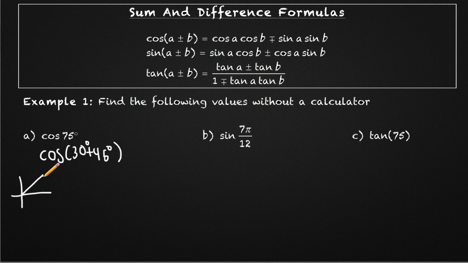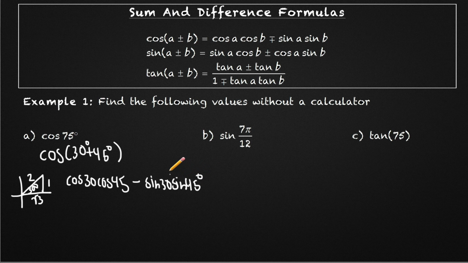For 30 degrees, we'll put 30 right there. Across from 30 is 1, across from 60 is root 3, across from 90 is 2. So let's write out our formula here. This is going to be cosine of 30, cosine of 45. And because there's a plus here, I need to put a minus there and make it sine of 30, sine of 45. And of course, all of these are in degrees.